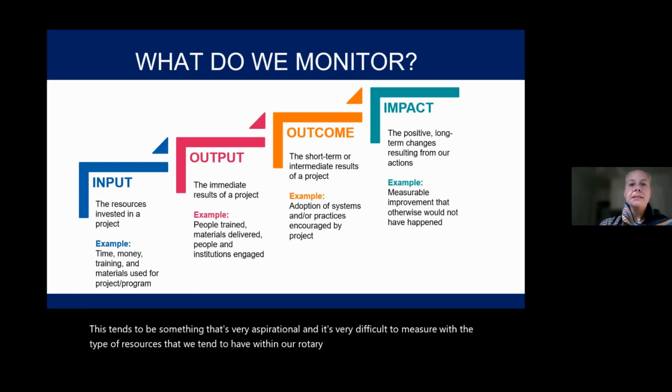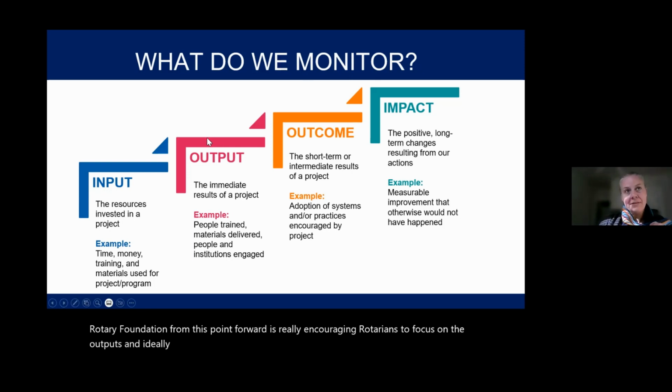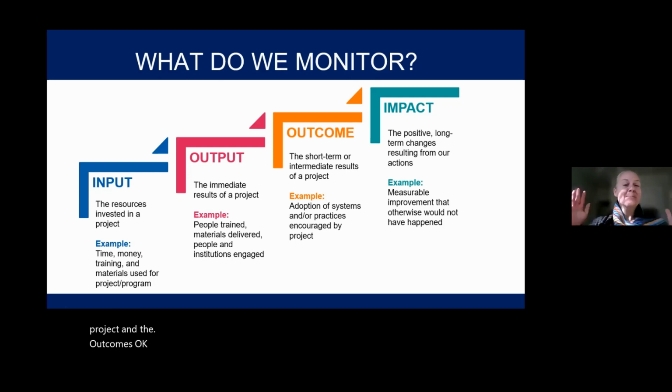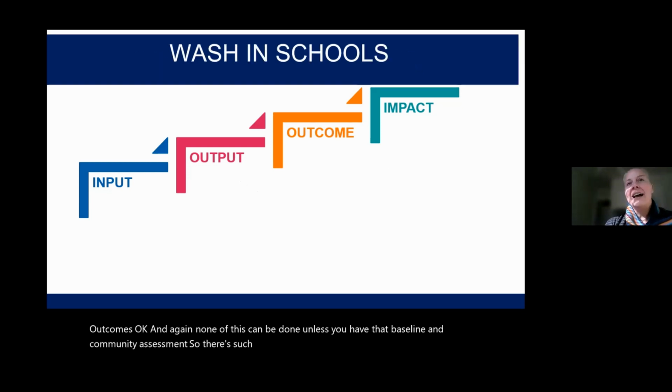So for that reason, the Rotary Foundation from this point forward is really encouraging Rotarians to focus on the outputs and ideally the outcomes. Once again, that's the outputs, the immediate results of a project, and the outcomes. Okay. And again, none of this can be done unless you have that baseline and community assessment. So there's such a strong tie there.